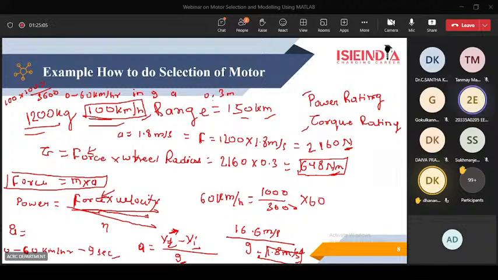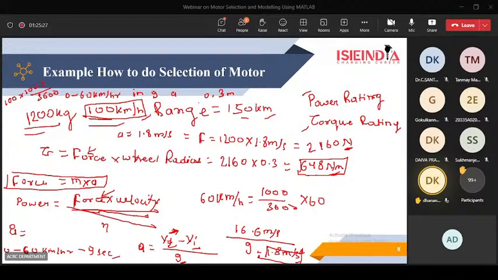Practically 0.3 meters is possible. See, I am just taking assumptions here. This is how we proceed to do the selection of the motor.